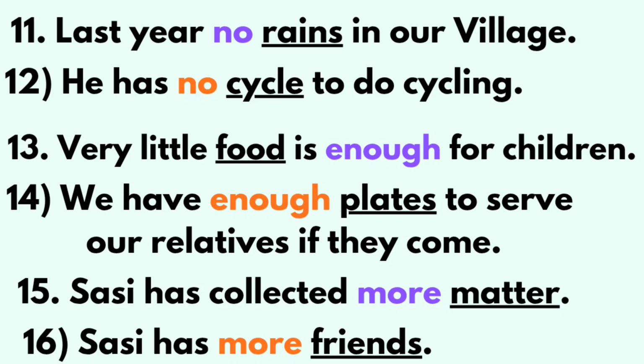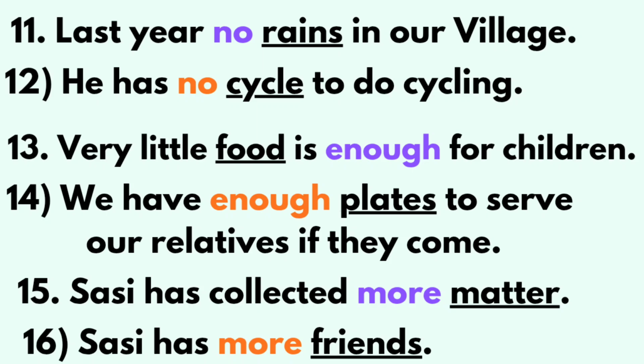Very little food is enough for children. In this example, enough is a quantifier, and very little food is enough. Some quantifiers are used after nouns, as I told you in previous videos. We have enough plates to serve our relatives if they come. Plates means plural countable, and enough is a quantifier. Enough plates. Enough food. Food is uncountable.